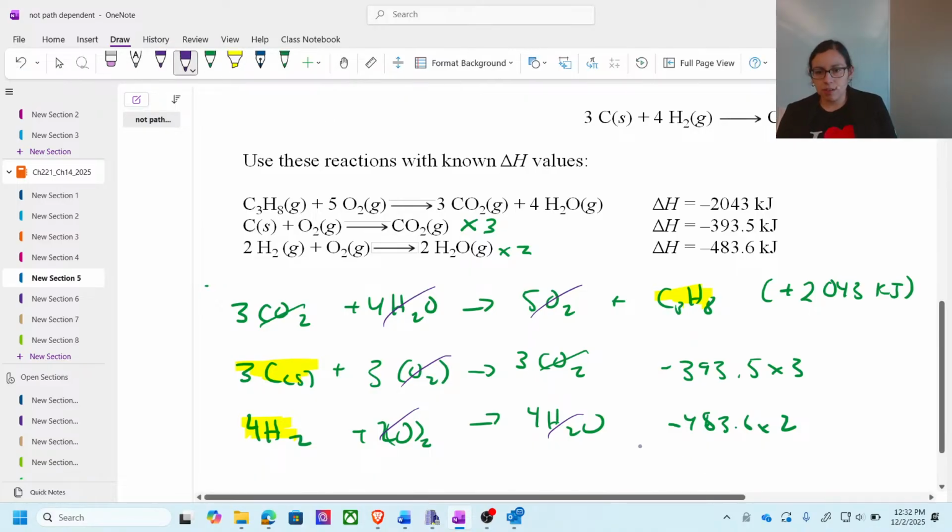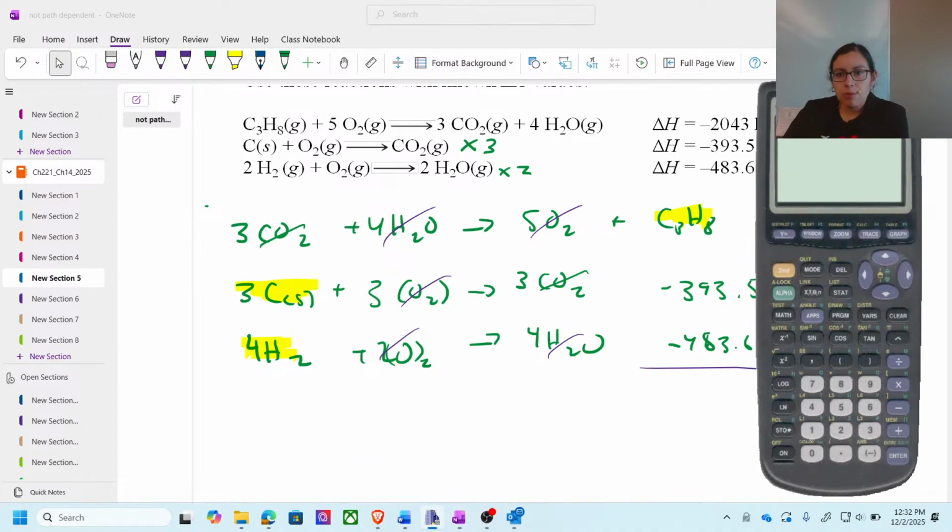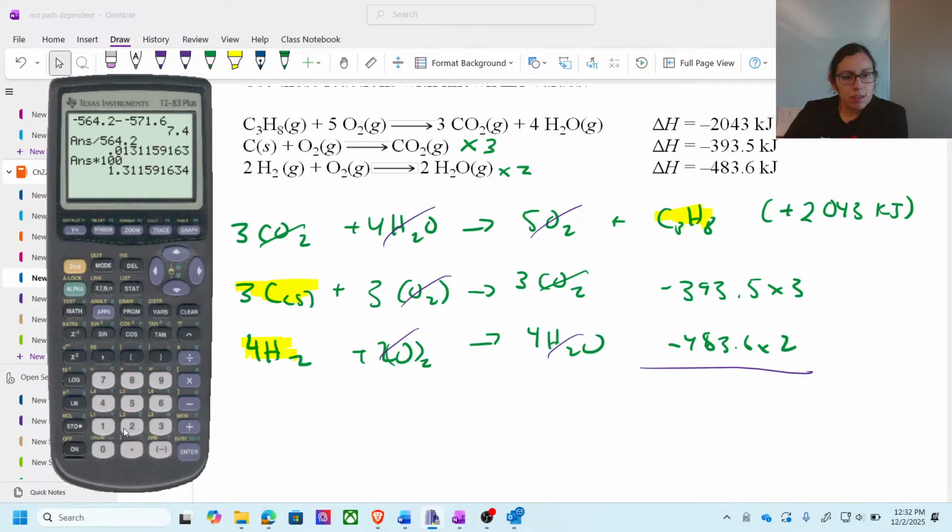So let's finish up this calculation. And again, just keep track of what we did. So now we have 2043, and again, it's positive because we flipped it. So flip the equation, flip the sign.